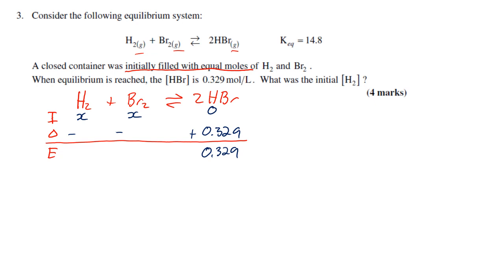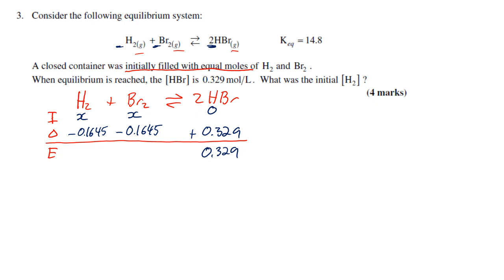So 0.329 divided by 2 is 0.1645, and that is purely because this is a 1 to 1 to 2 ratio.